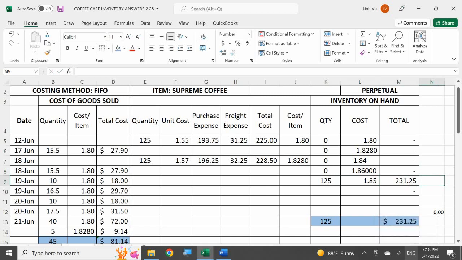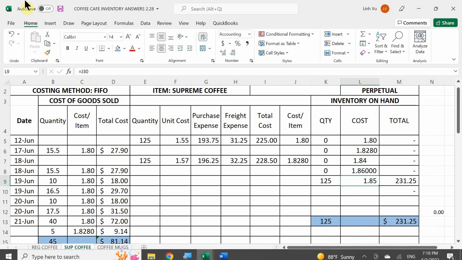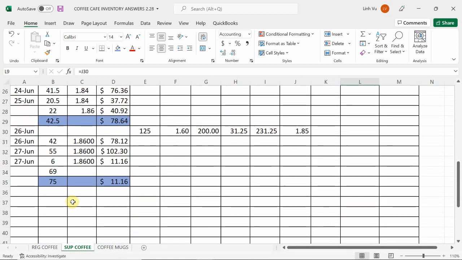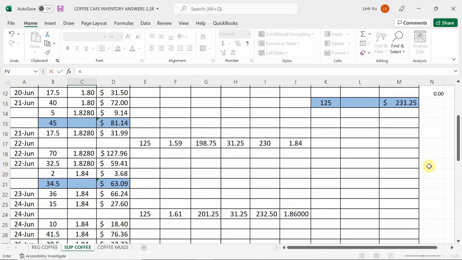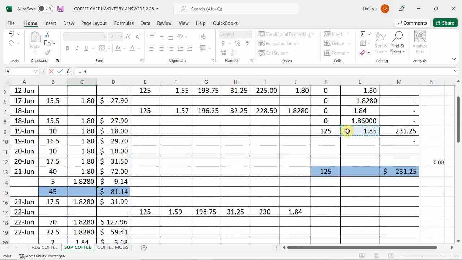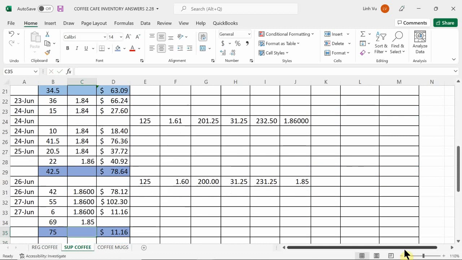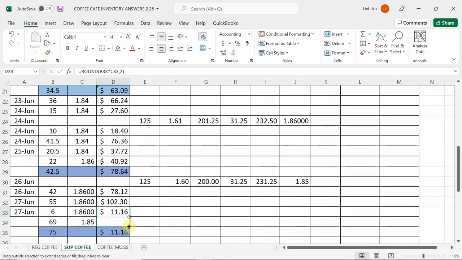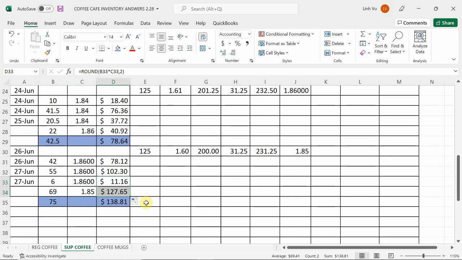Okay. So now I need to sell from this batch of inventory, which cost me $1.85. So I need to calculate 69 pounds at $1.85. Okay? And that's going to give me a grand total cost of $127.65.